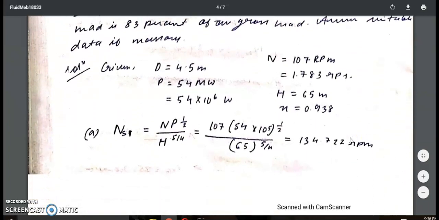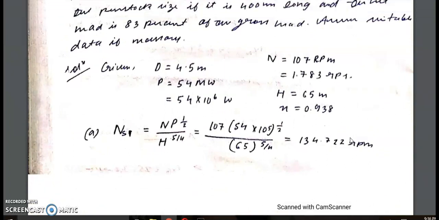So here it is given: the capital D equal to 4.5 meter, that is the outside diameter, and N, that is the speed, is 107 rpm. So we convert the megawatt to watt. It is 54 into 10 to the 6, and H is the head, that is 65 meter.